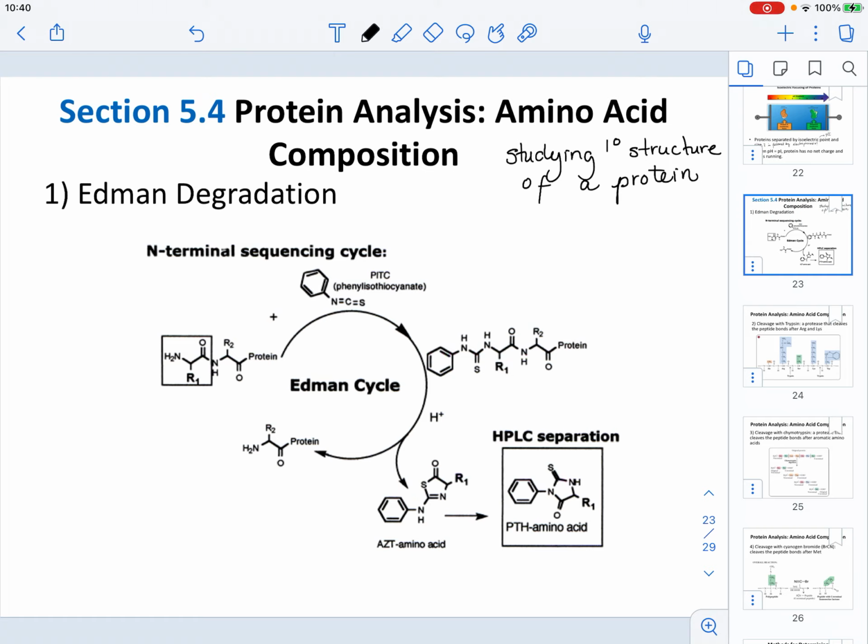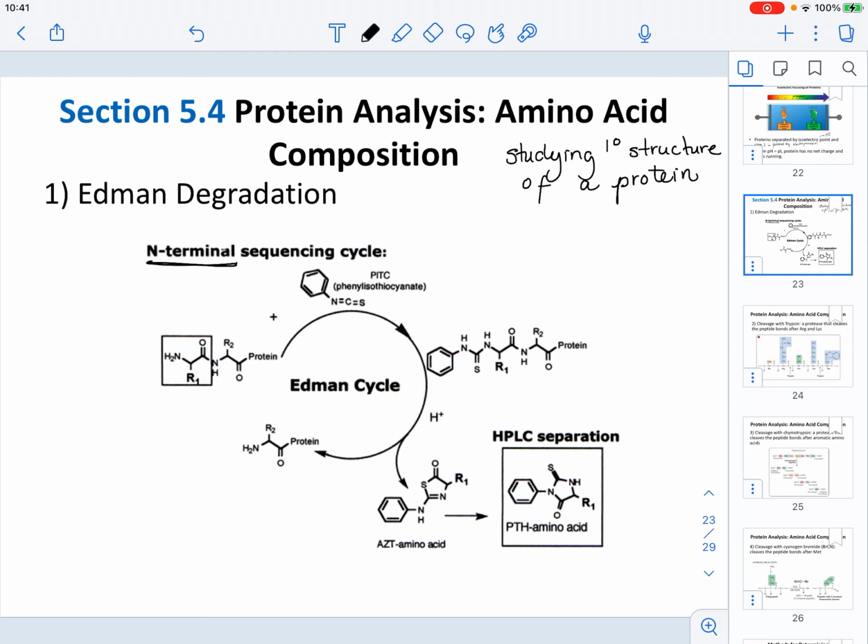But understand that in essence, how it works is that it's going to be taking the amino acids from the N terminus. That's why it's N-terminal sequencing. So if you have a particular amino acid, you will be studying one amino acid at a time from the amino terminus, going on and on and on down the peptide towards the C terminus.